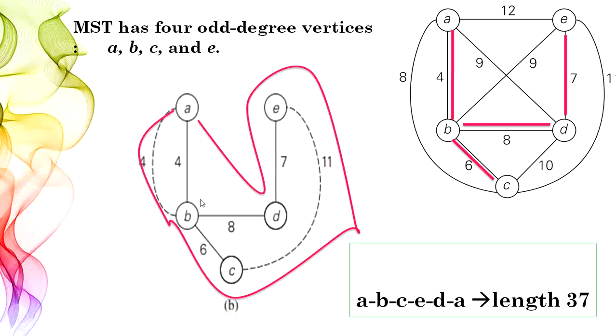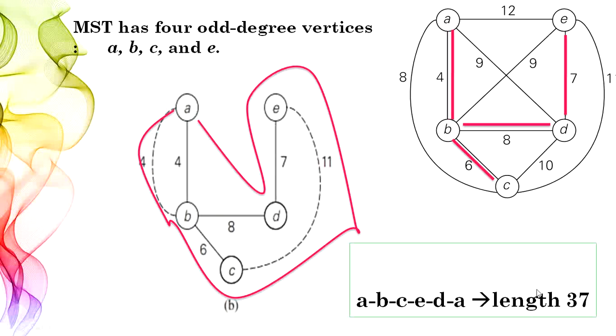So this is the optimal solution using Christofides algorithm. So the final path route is A to B, B to C, C to E and E to D. Finally we will directly go from D to A, with a length of 37.